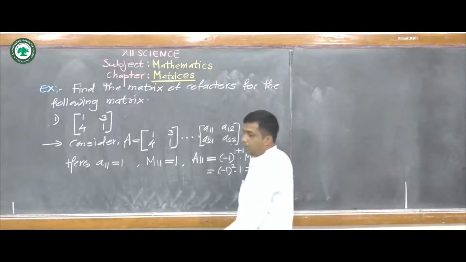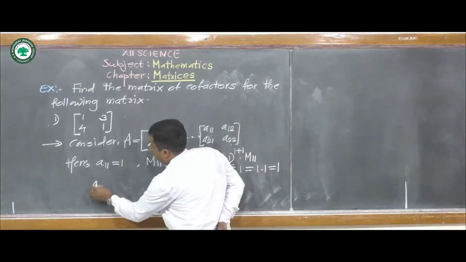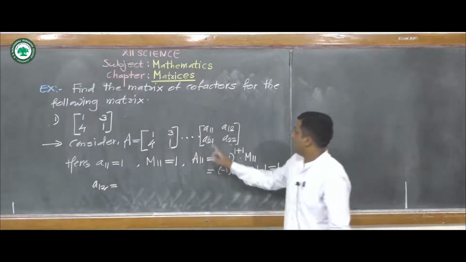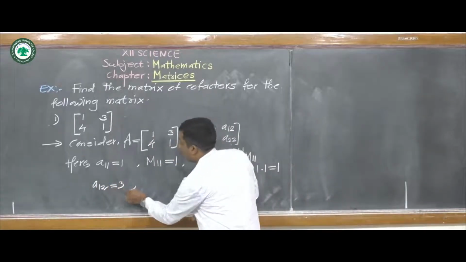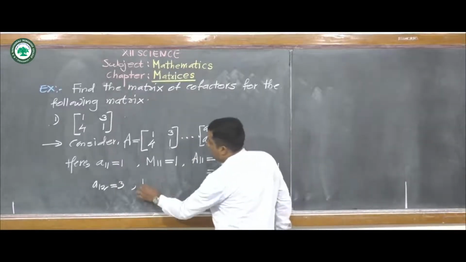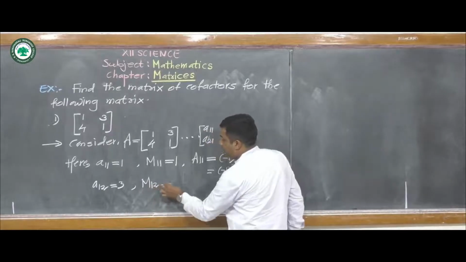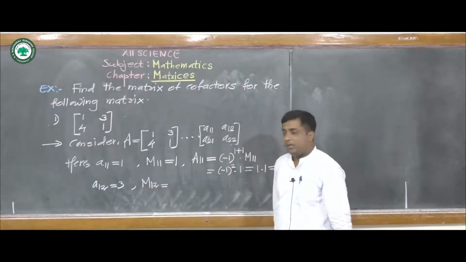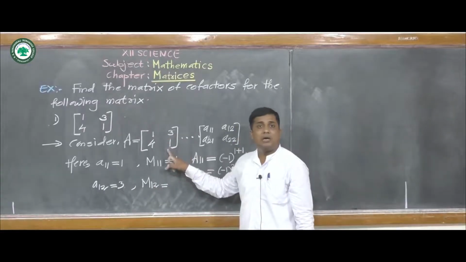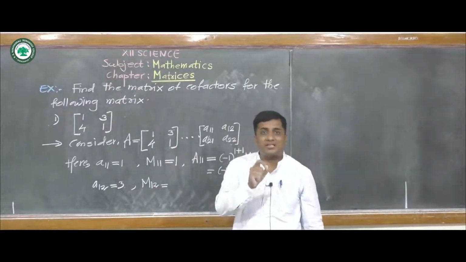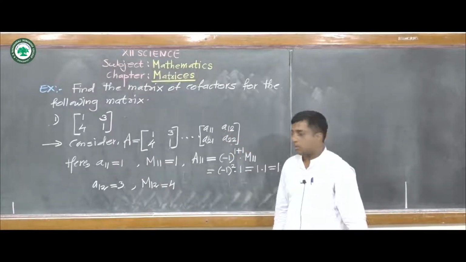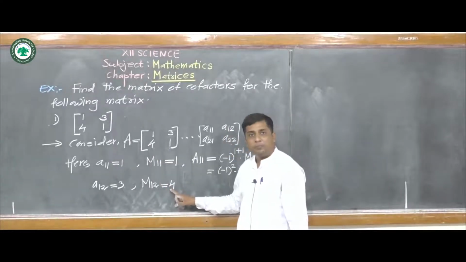Next, we consider the second element, A12. This A12 is 3. Let's find the minor for this element. M12: this element is in the first row and second column, so we delete the first row and second column. Only 4 remains, so M12 is 4.